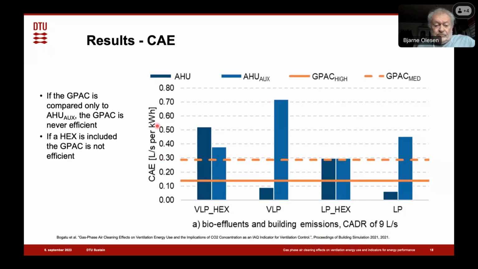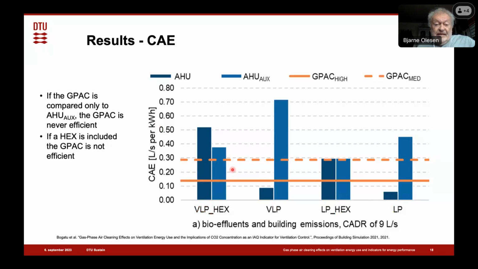And we have, for example, VLP, a very low polluted building, and here a low polluted building, both with HEX, which means a heat exchanger. The two others are without heat exchangers.